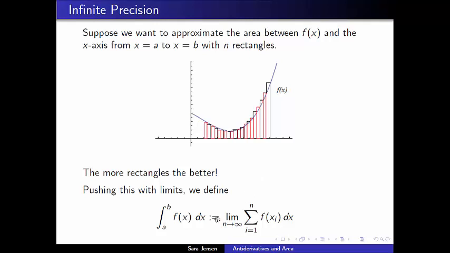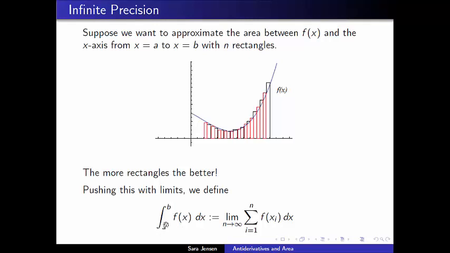Because the right-hand side of this equation, which makes sense to us as it is derived, is very clunky to write repeatedly, we're going to introduce a new notation for it, which I've written over here on the left-hand side of the equation. The way that we say the left-hand side out loud is that it is the definite integral of the function f of x on the interval from a to b.